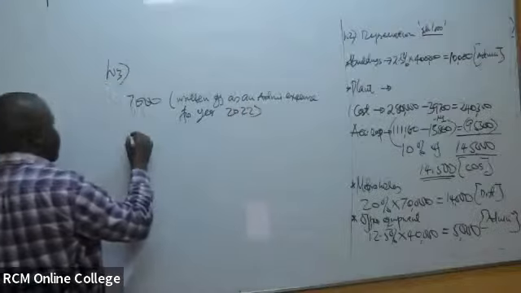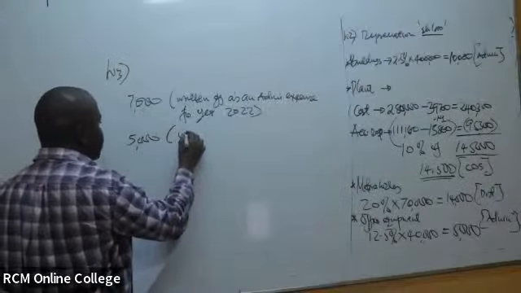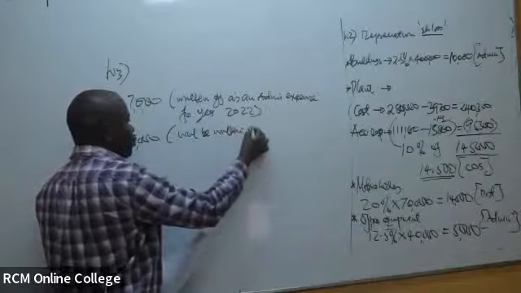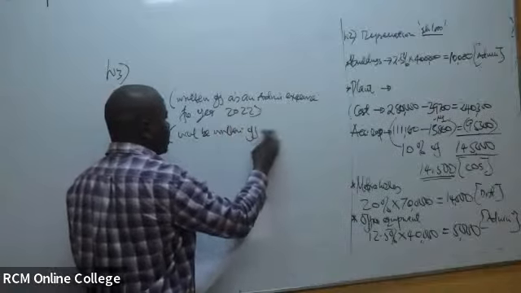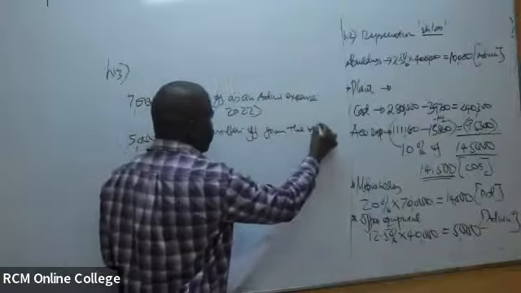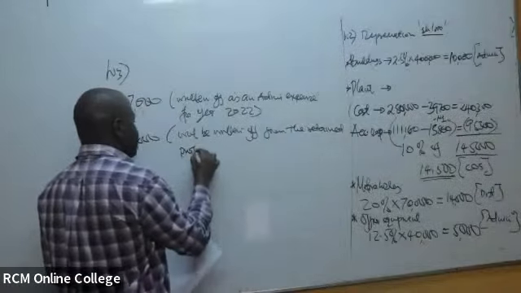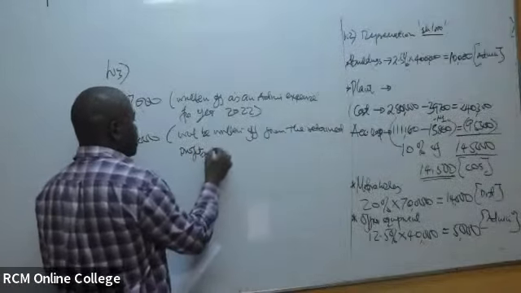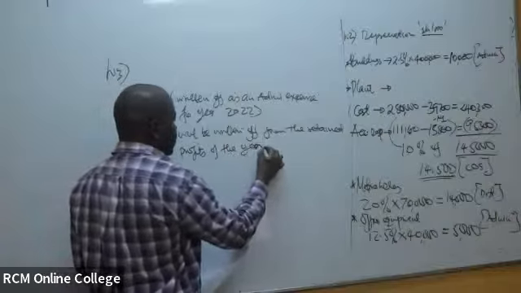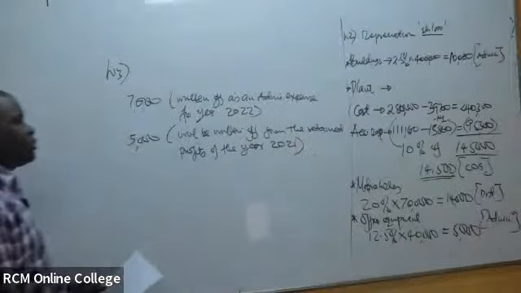Then of course, 5 million will be written off from the retained profits of the year 2021.